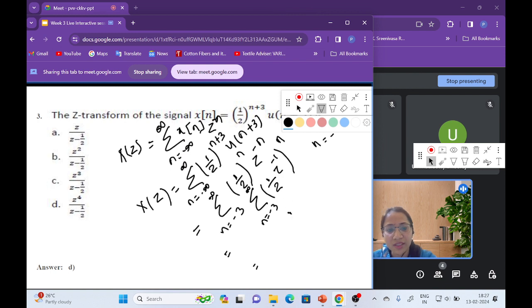It will start at n equal to minus 3, so n equal to minus 3 to infinite duration. So that will be 1 upon 1 minus 1 by 2 z inverse, and since it starts from n equal to minus 3, it will be multiplied by z to the power 3, and onwards it will go. It will be looking like this.